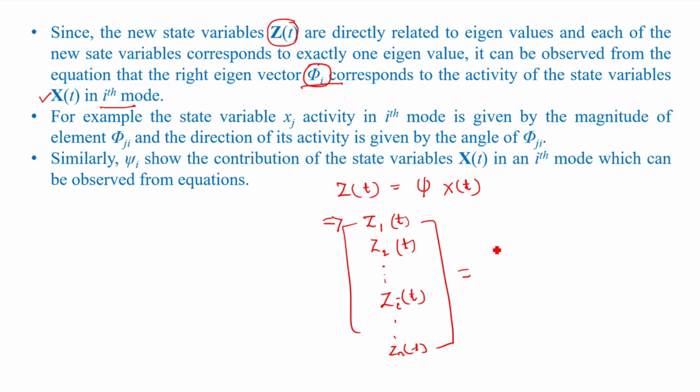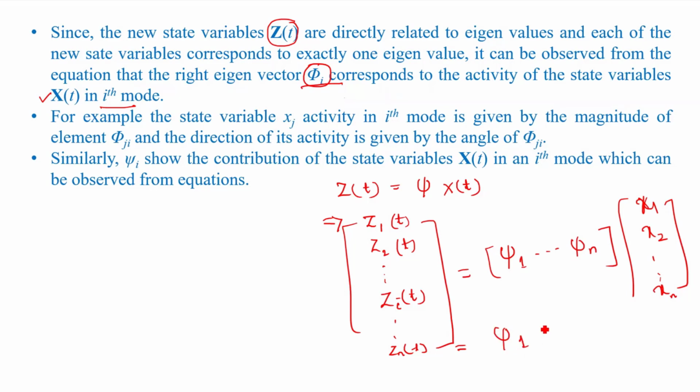So this will be equal to psi_1 dotted up to psi_n, times x_1, x_2, dotted up to x_n, right? So now if I multiply it, it will give me psi_1 x_1 plus psi_2 x_2 dotted up to psi_n x_n, right?